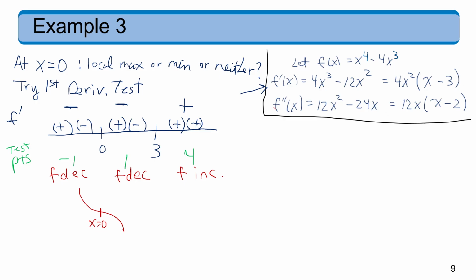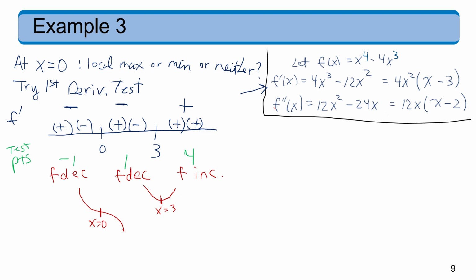If you look at 3, it changes from decreasing to increasing when we get to x coordinate 3. That means we have a local min there, but we already knew that. That agrees with what we found from the second derivative test on the previous slide.